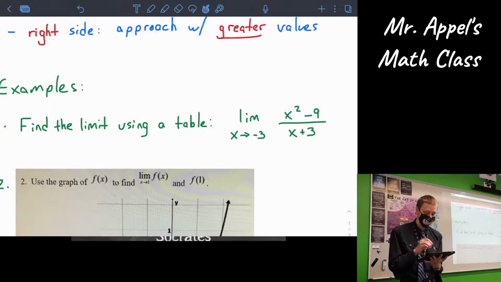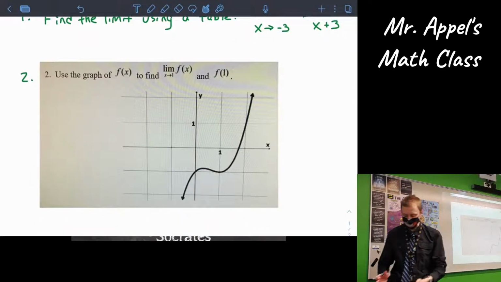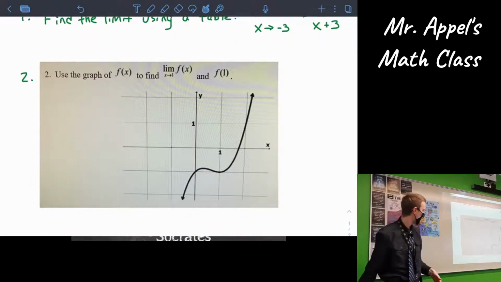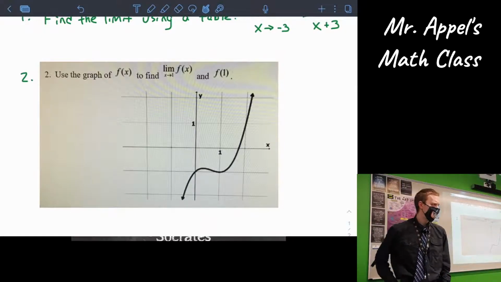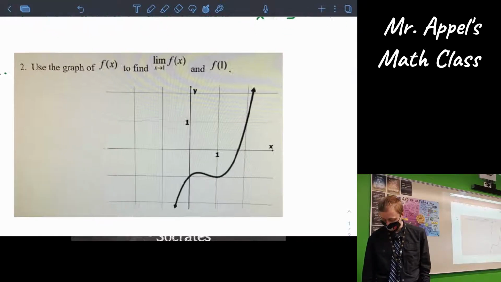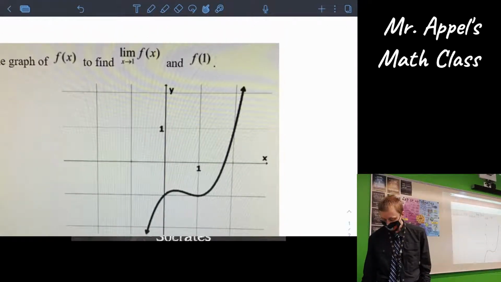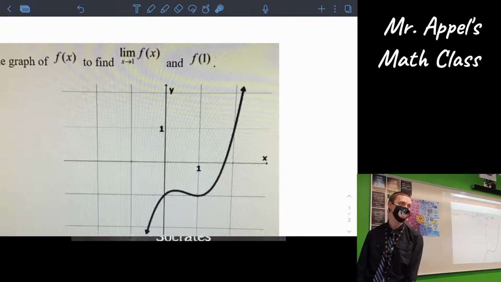Let's try the next example. Here I have the graph, and yes, this is me taking a picture of the computer screen, because I didn't want to, relying on the graph, I didn't want to try to redraw it myself and do it wrong. So here is our function. Find the limit as x approaches 1 of the function, and f of 1.